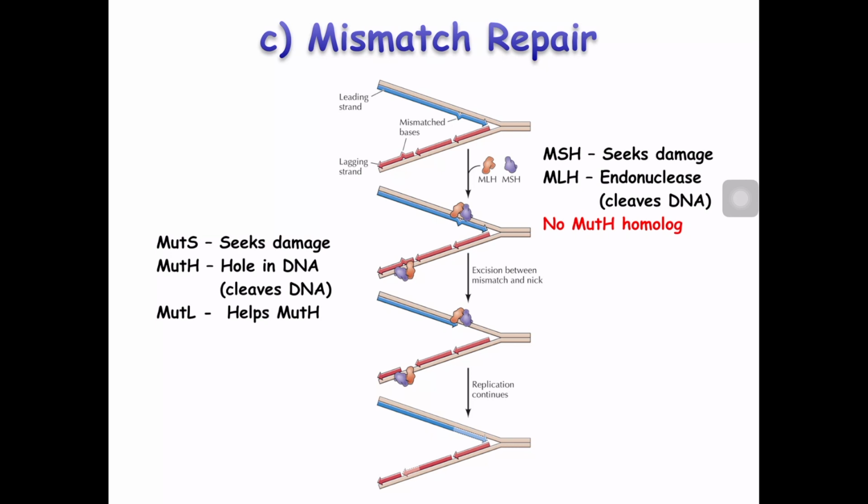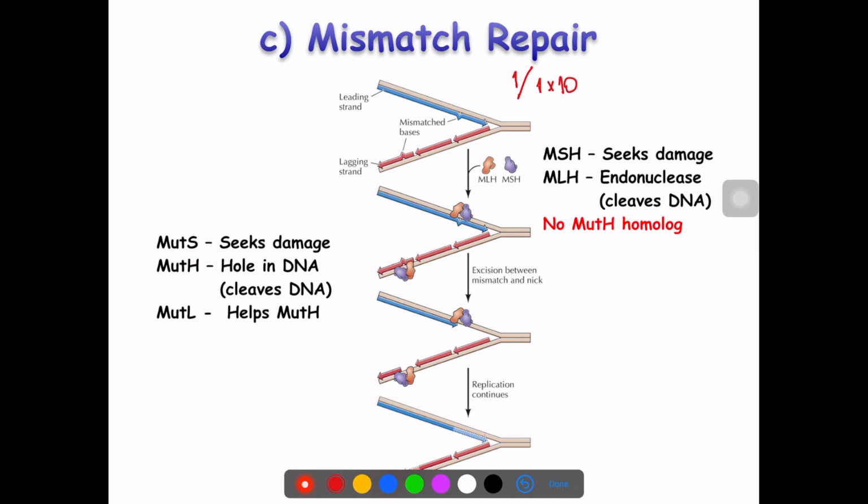So this repair mechanism, mismatch repair, is exclusively taking place during DNA replication. And the idea is that even though DNA polymerase has a very low error rate, and remember, the error rate for DNA polymerase is about 1 error every 1 × 10 to the 8 base pairs, there will be about 64 errors per every round of DNA replication.